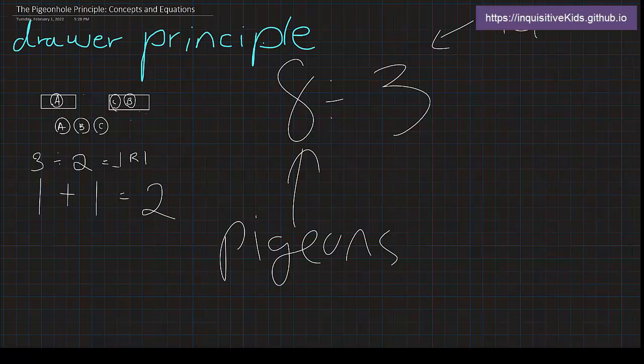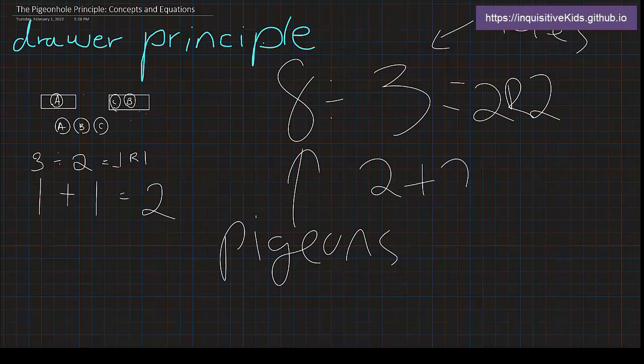Anyway, after you do this, you would get 2 remainder 2. But do we do 2 plus 2, which equals 4, maybe?